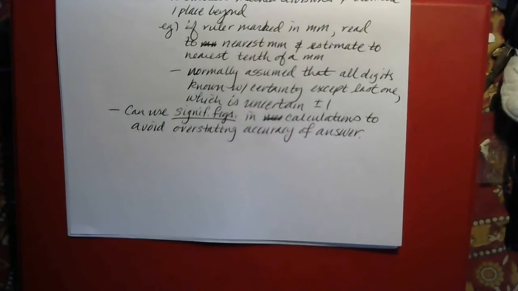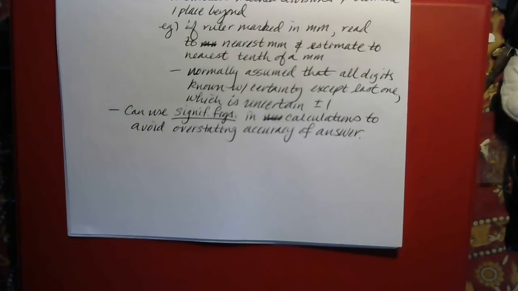So the idea of using significant figures in calculations is that we don't want to imply that we know an answer more accurately than we really do. Or in other words, the accuracy with which you know the measurements that go into a calculation will limit the accuracy with which you can possibly know the result of that calculation.